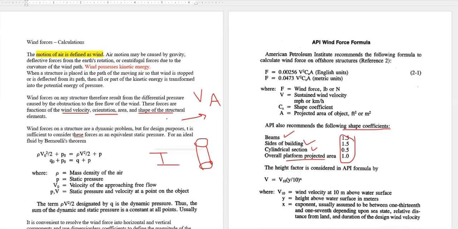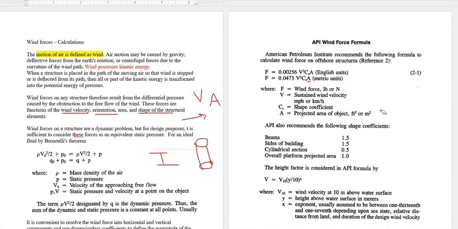So wind force is a function of velocity, area, and shape coefficient. The shape coefficient depends on the shape of the structural elements.